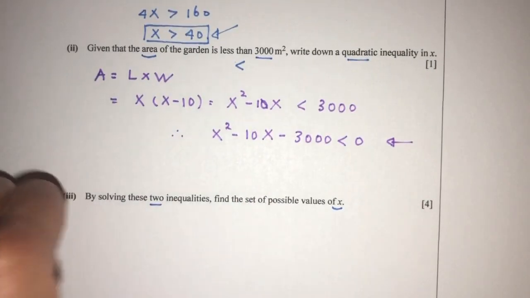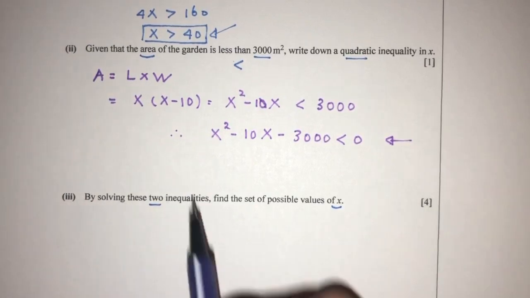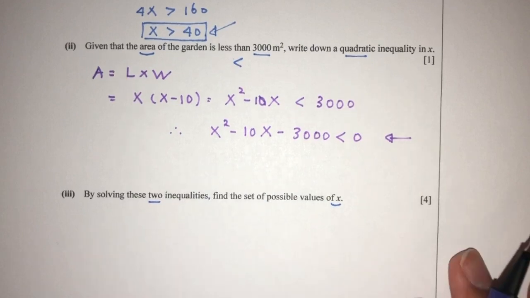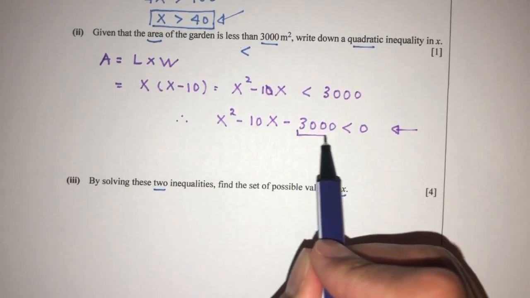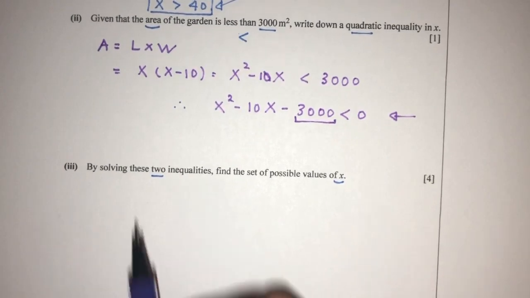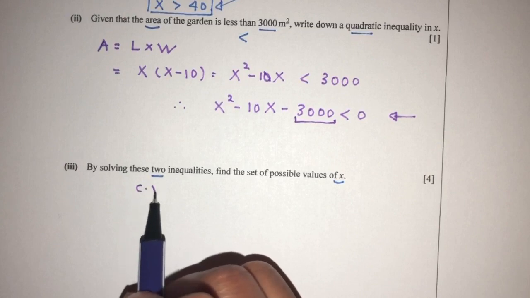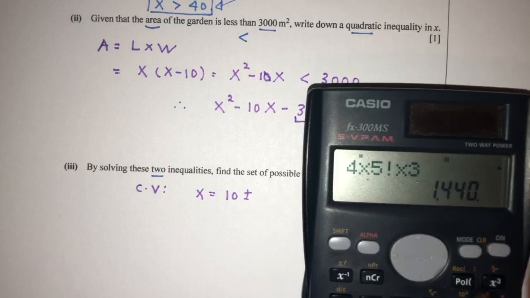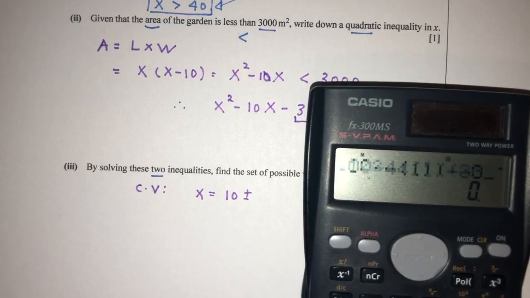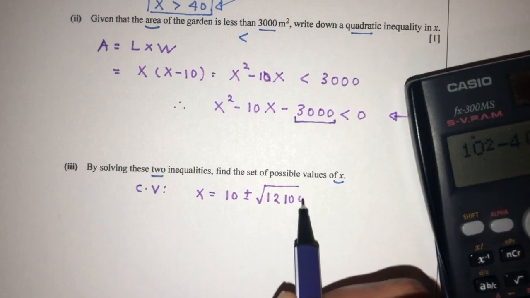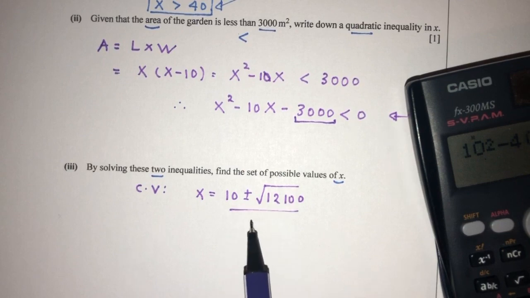Now for this one, let's see what do we have. Here we have to factorize and find the values of x. Because this one is a big number, sometimes I don't like to think too much. I will just try to find that using my formula. So let's find the critical values of x. That will be x equals minus b plus or minus the square root of b squared minus 4 times a times c, over 2a, which is 2.